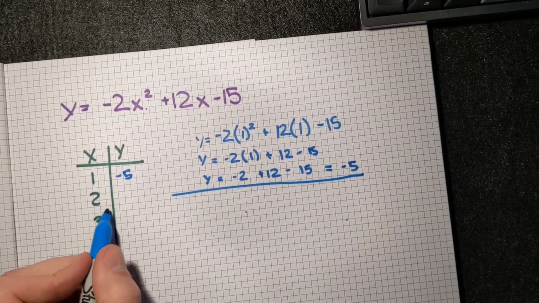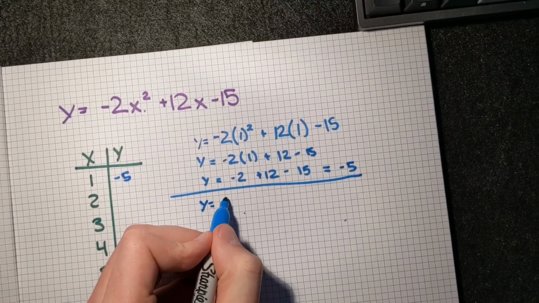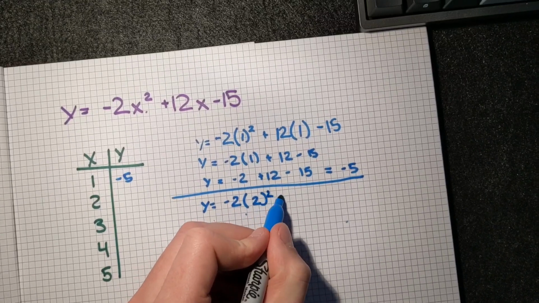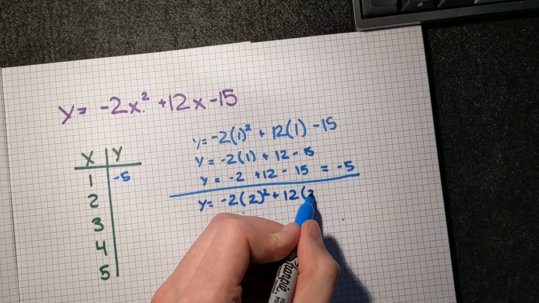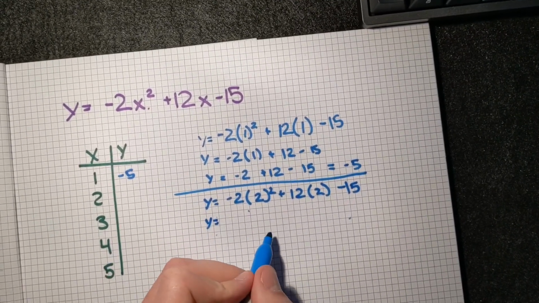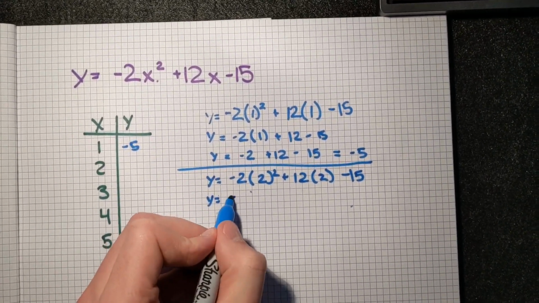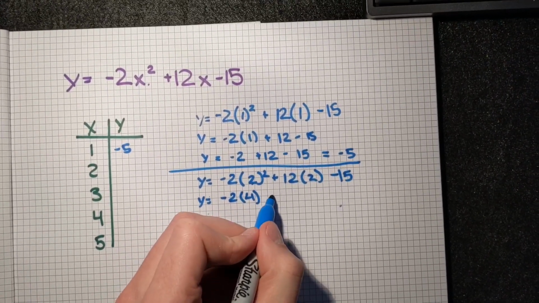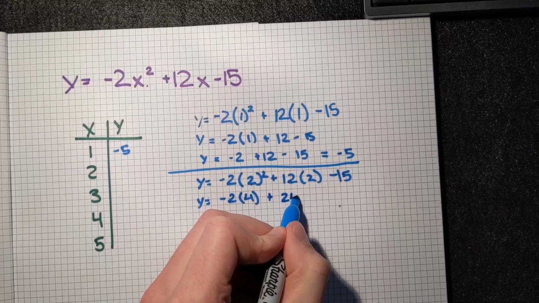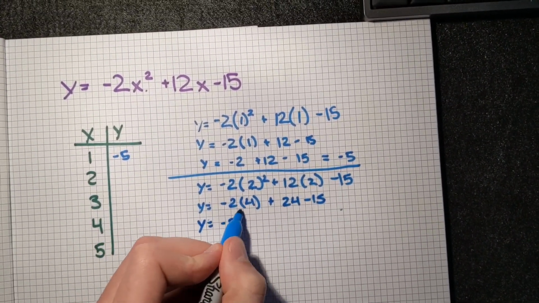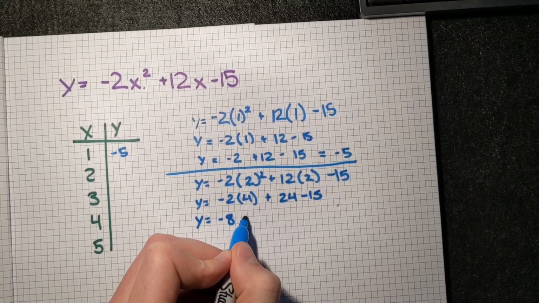Next number. So we plug in 2. y equals -2 times 2 squared plus 12 times 2 minus 15. And that, of course, is going to give us -2 times 4. 2 squared is 4, plus 24 minus 15. -2 times 4 is -8.